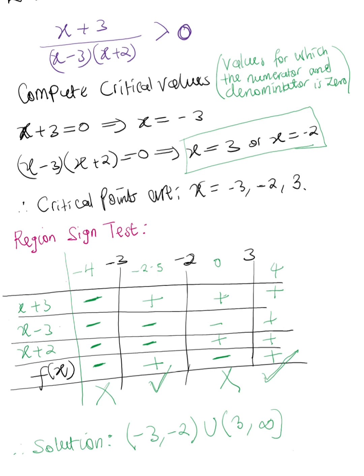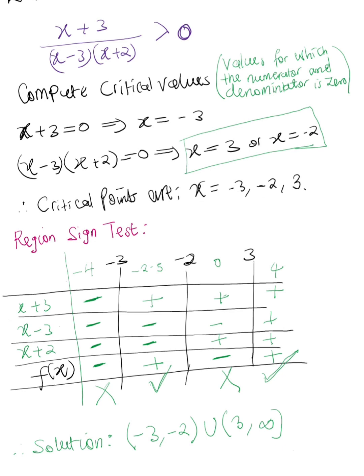What you need to do is to take all non-zero terms to the left side of the inequality. On the right hand side, you need to have a 0. From there, you find the critical points. Now, critical points are just values for which the numerator or the denominator is equal to 0. In this case, the numerator is x plus 3 equal to 0, then solve for x, then equate the denominator to 0, solve for x. In that case, the critical points are x equal to negative 3.